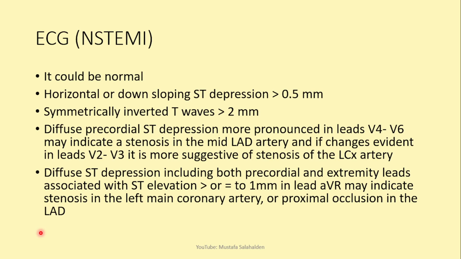For the non-STEMI ECG changes, the ECG could be normal, and sometimes there's horizontal or down-sloping ST depression of more than half a small square, and symmetrically inverted T waves of more than two small squares.